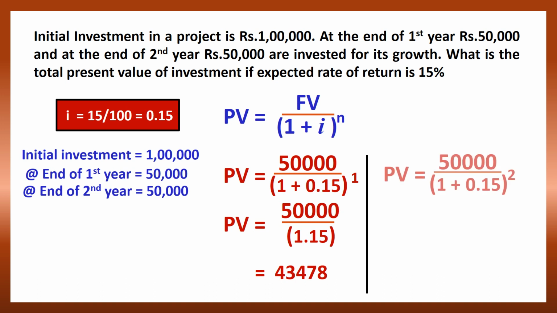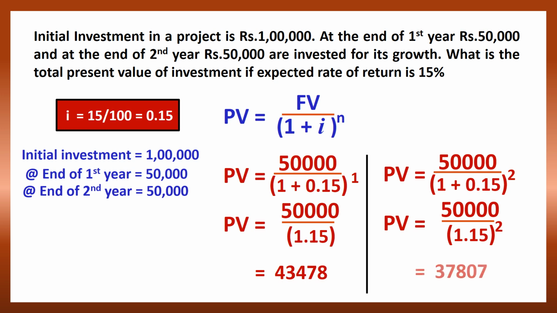That will be 50,000 divided by 1 plus 0.15 whole raised to 2. So here it is done after 2 years, that is why we are taking 2. Then that is equal to 50,000 divided by 1.15 whole raised to 2. So the present value is 37,807.